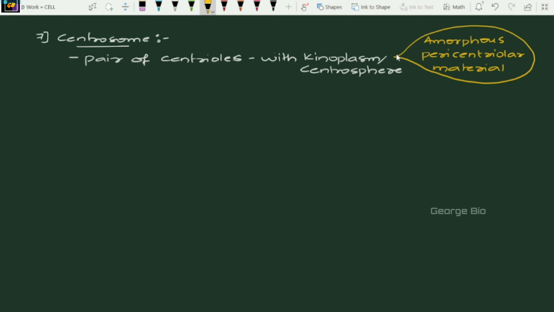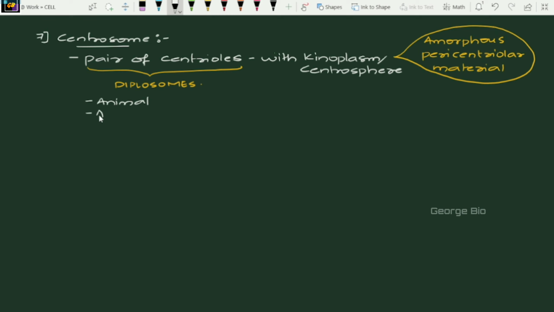This pair of centrioles, these two centrioles together, are called diplosomes.